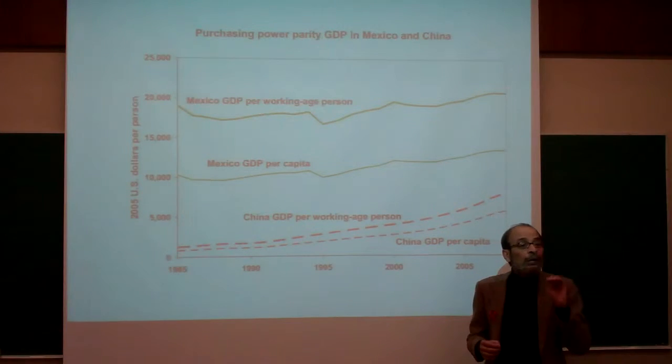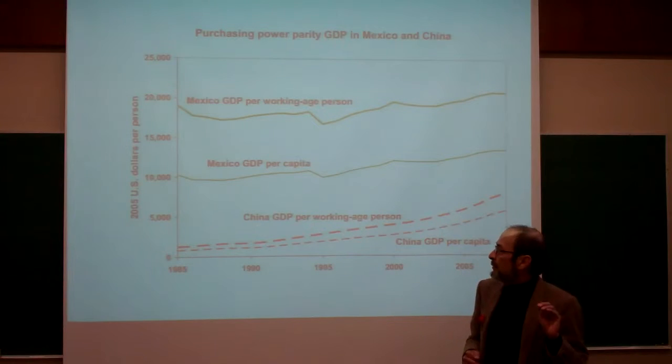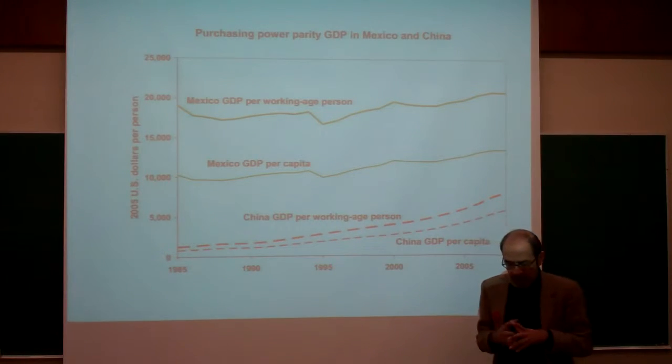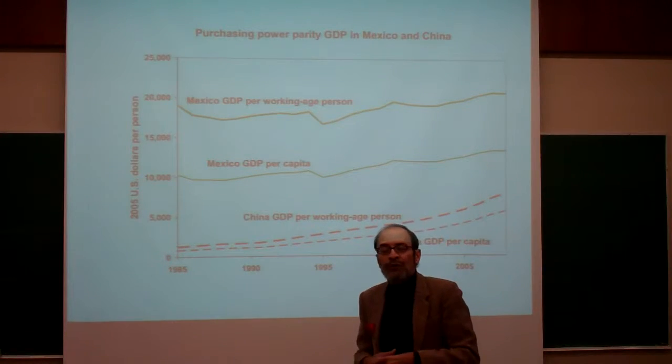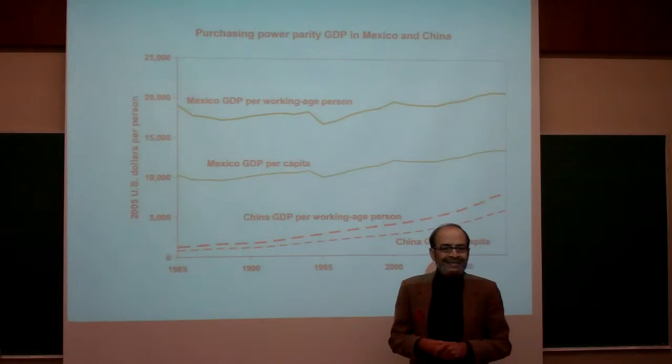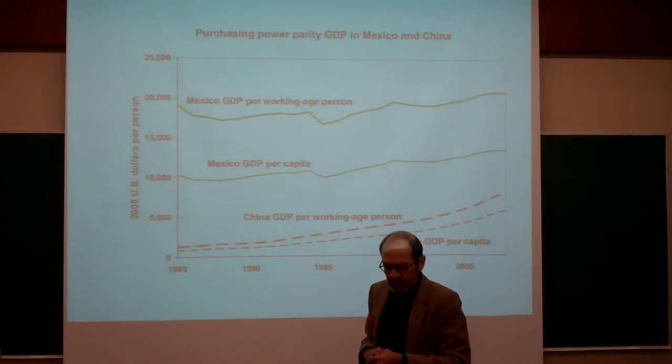China has started from a lot lower base, and as a result, it is not at all clear that China will overtake Mexico over the next decade. In fact, there are some hypotheses.